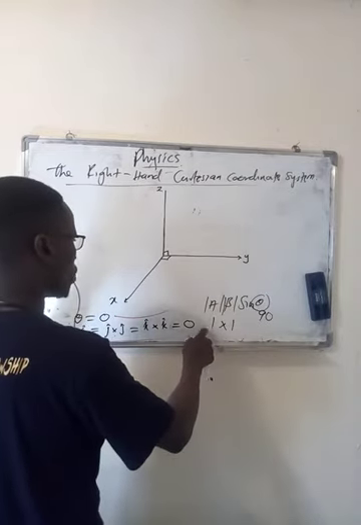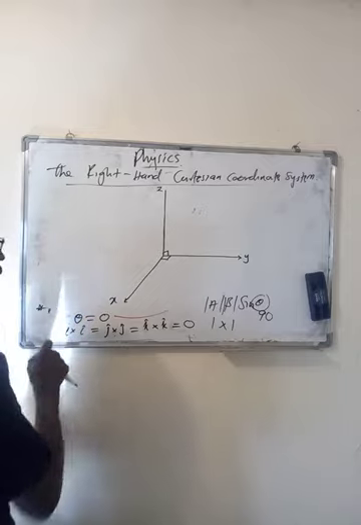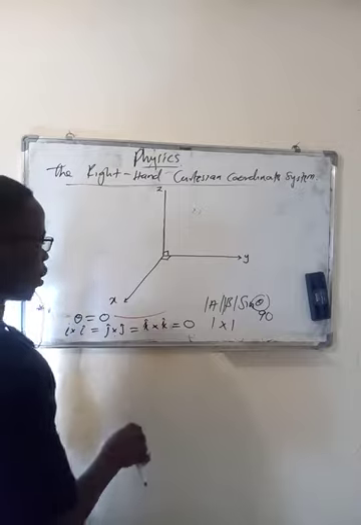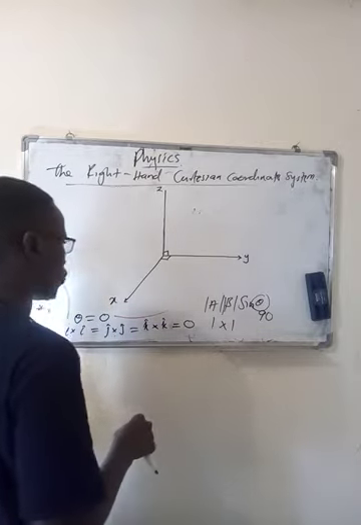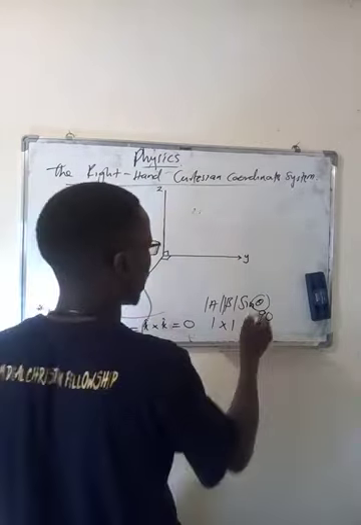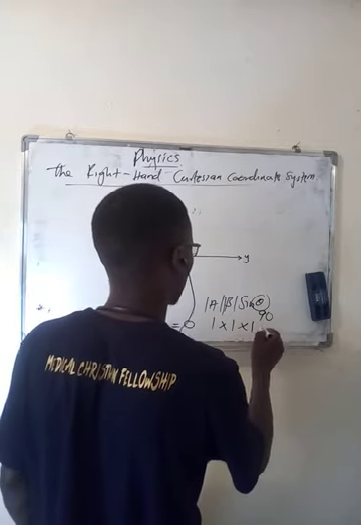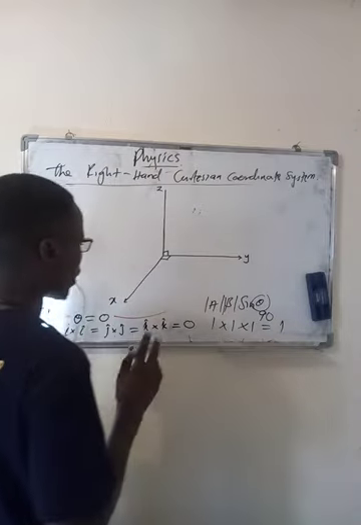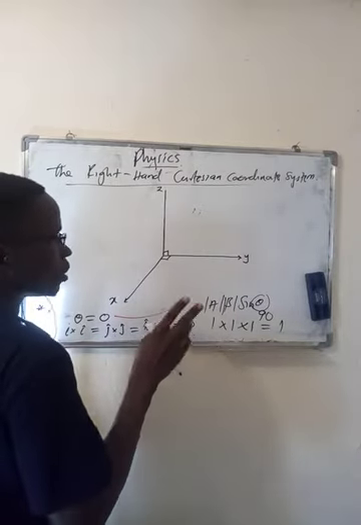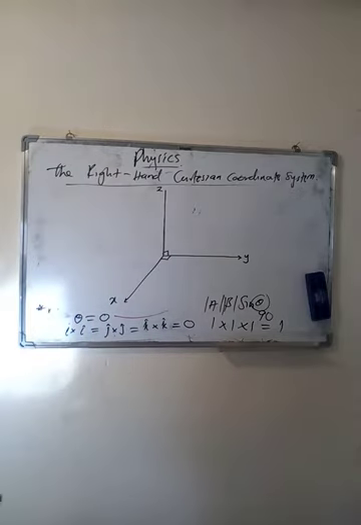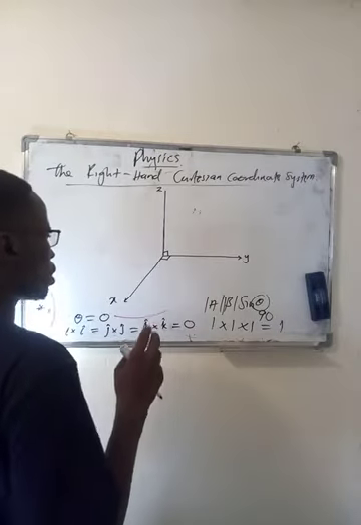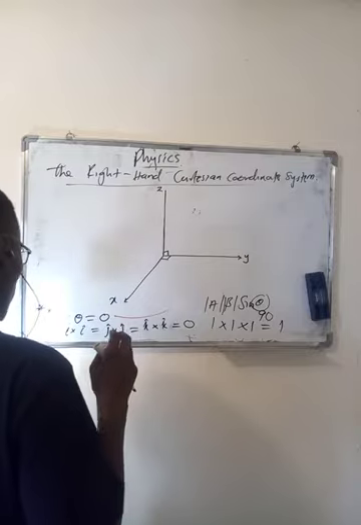The magnitude of the first vector, which may be I, is 1, and the next vector, which may be j, is 1 as well, and then sine 90 is also 1, and that is going to give us 1. But when they are parallel, the answer is going to be 0. When they are perpendicular to each other, the answer is going to be 1.